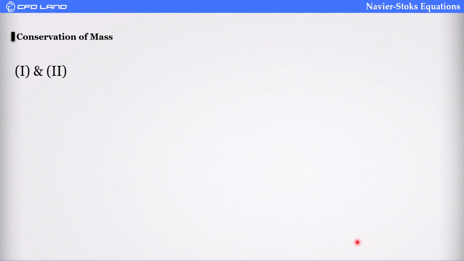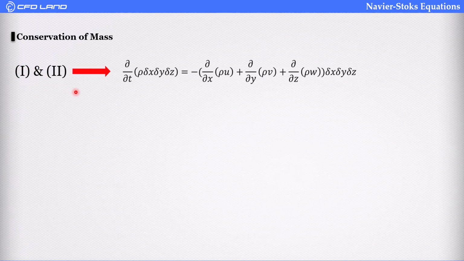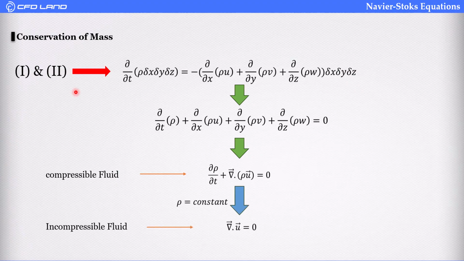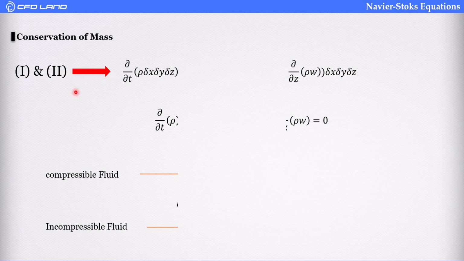When we simplify equations 1 and 2, we have partial t rho plus partial x of rho u plus partial y of rho v plus partial z of rho w equals 0. And this is conservation of mass for a compressible fluid. Now, if we simplify it for an incompressible fluid, where density is constant, we have gradient dot u equals 0.